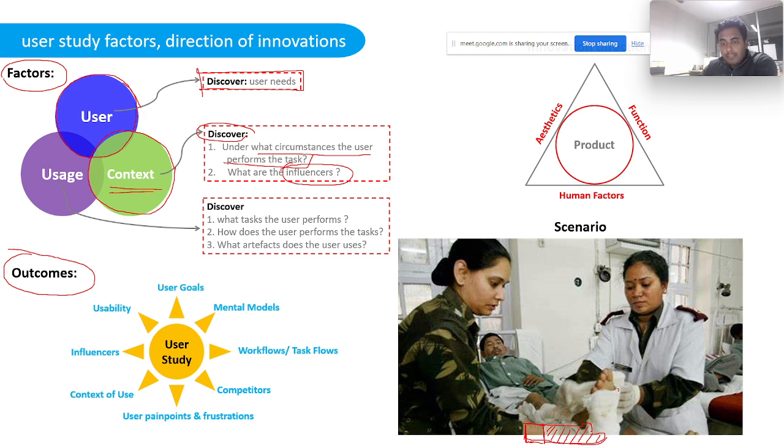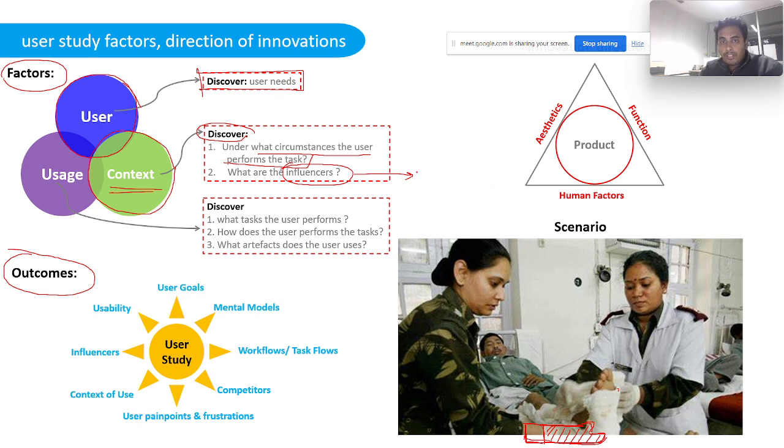So when you ask why this lady is holding his leg by hand, probably you are looking for an influencer. One answer you get is that the person cannot lift his leg by himself.